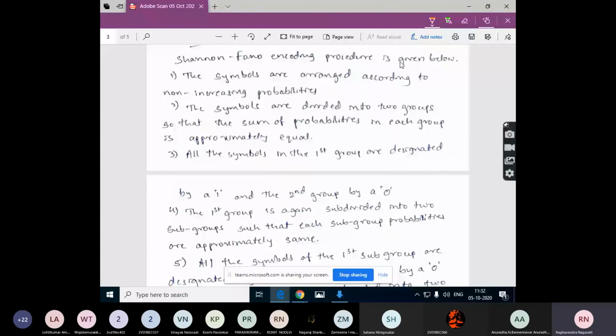Second step: the symbols are divided into two groups so that the sum of probabilities in each group is approximately equal. Write down these steps. You can look at them and easily solve the problem and construct the code.